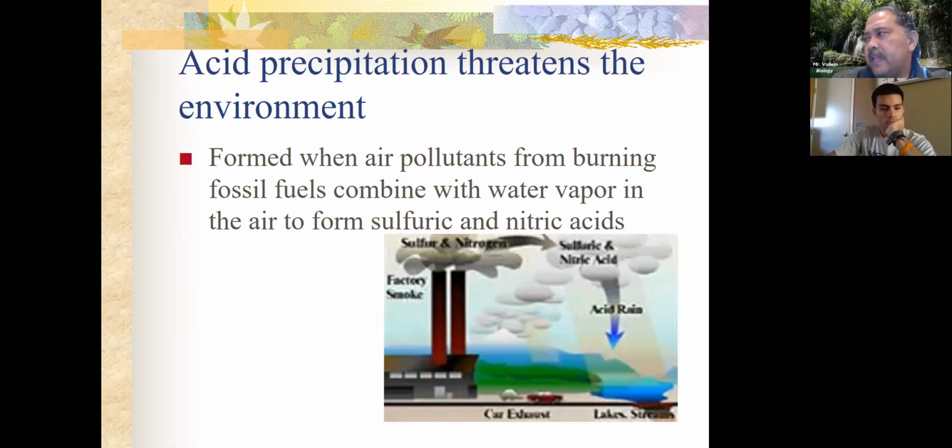So pH, acids and bases are significant in ecology because of acid rain. And it could be fog, it could be snow, so we call it acid precipitation. Acid precipitation threatens the environment. You can see what happens here. Here's a big factory on the East Coast, maybe around Pittsburgh.